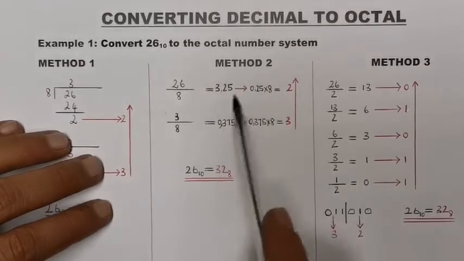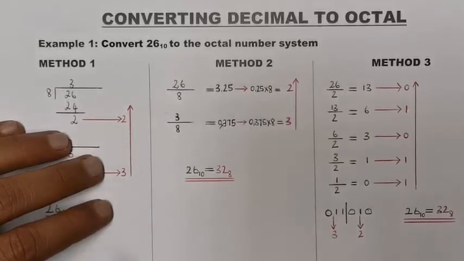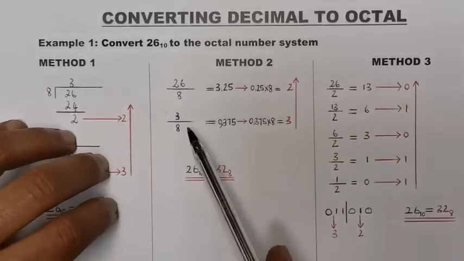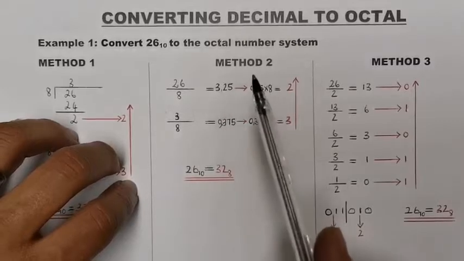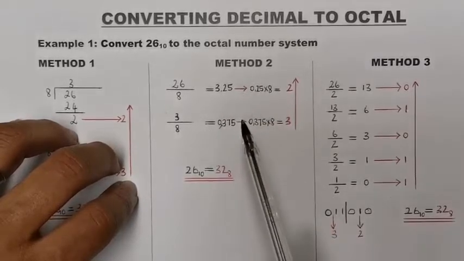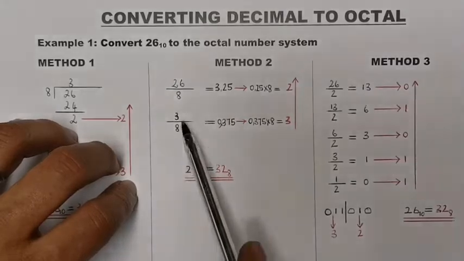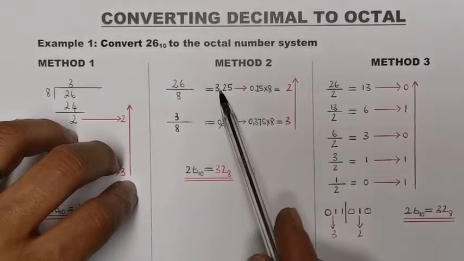If we go to the second method, which is our horizontal method, we are going to use a calculator, because in this one we get fractions, in the sense of point something, 0.25, 0.75, as you can see here. 26 divided by 8 gives me 3.25.